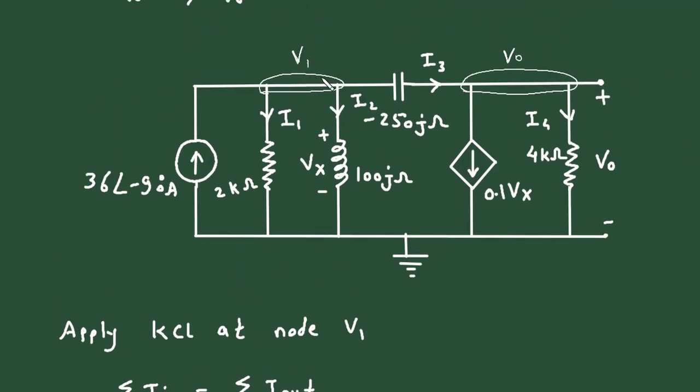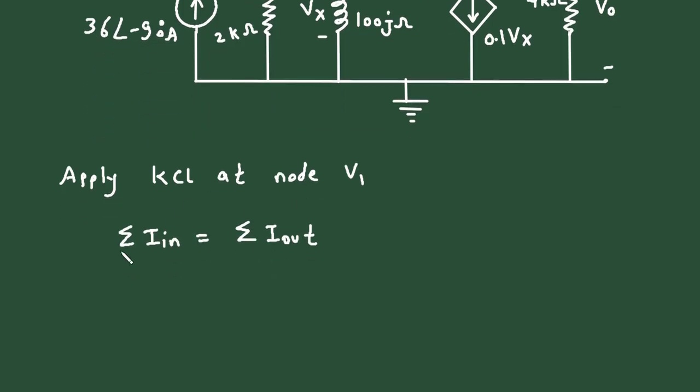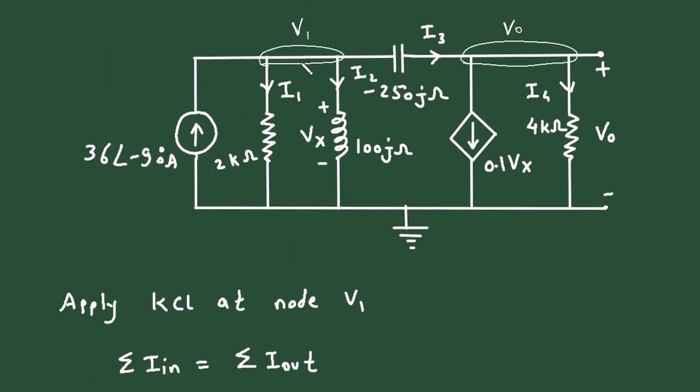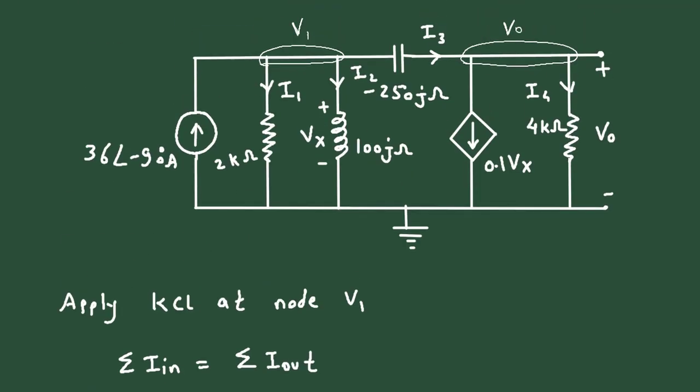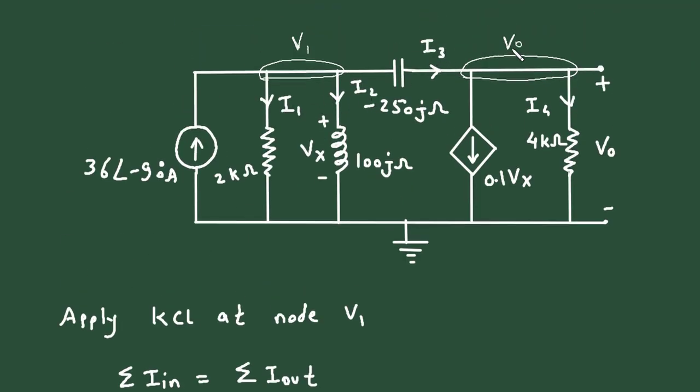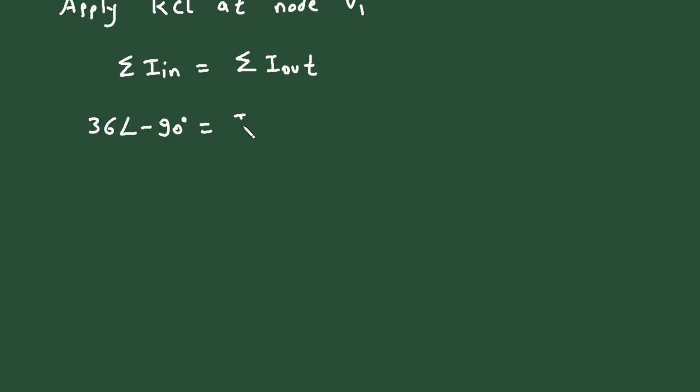Now here at this node entering current is 36 at an angle minus 90 degree. It is equal to leaving current. Leaving current is I1, I2 and I3. I1 plus I2 plus I3.